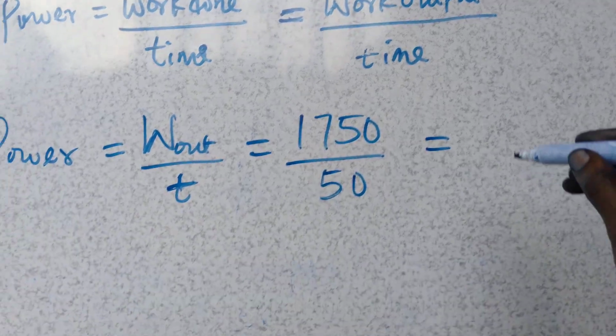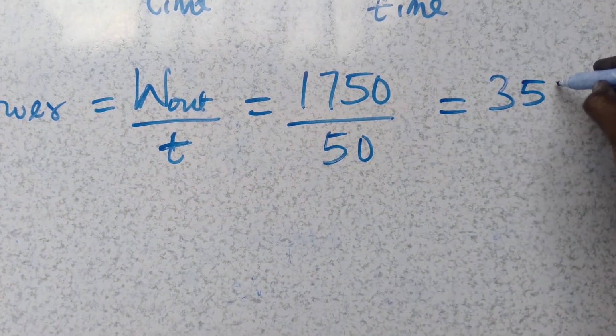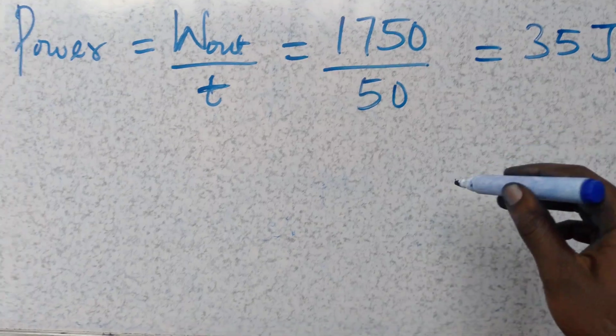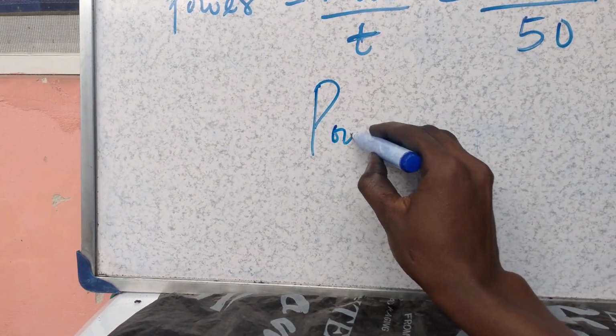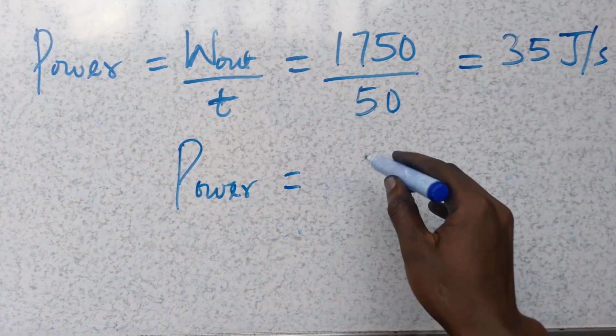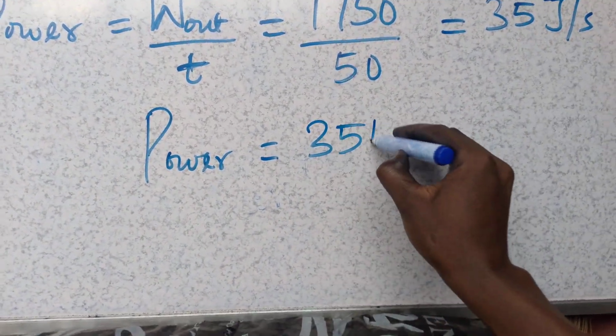Okay. So I have my power as 35 joules per second when I divide it. Or I can say my power is equal to 35 watts.